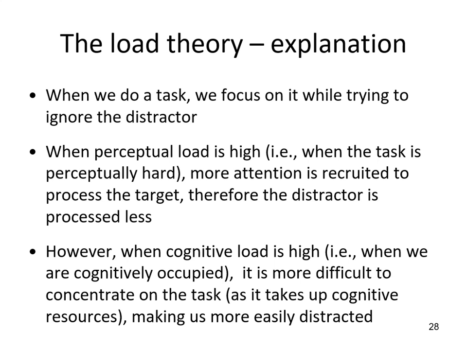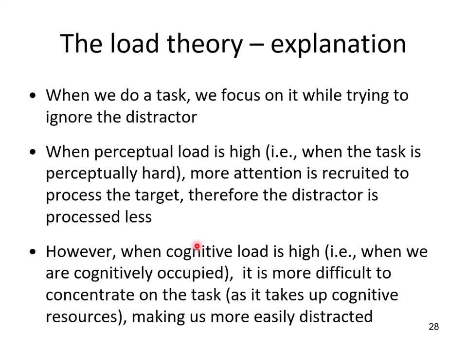So therefore, to say the explanation again, whenever we do a task, we want to focus on our task. And that means we want to ignore our distractor. When our perceptual load is high, that means the task is perceptually hard. We put more attention to process the target, and therefore the distractor is processed less. That means better selectivity. However, when cognitive load is high, that means we are cognitively occupied.